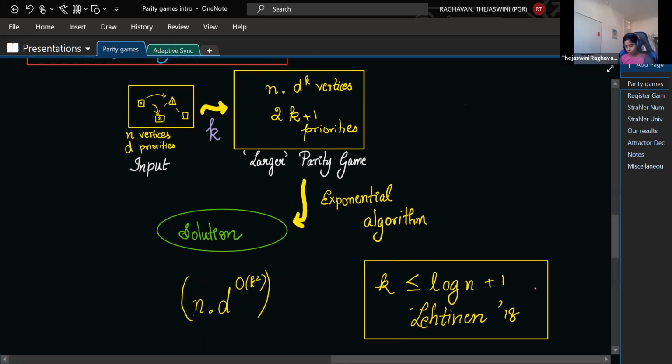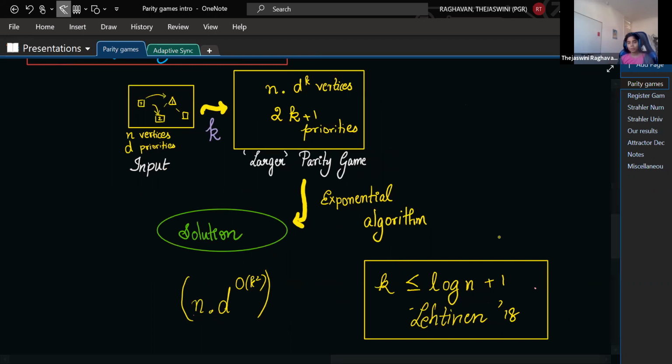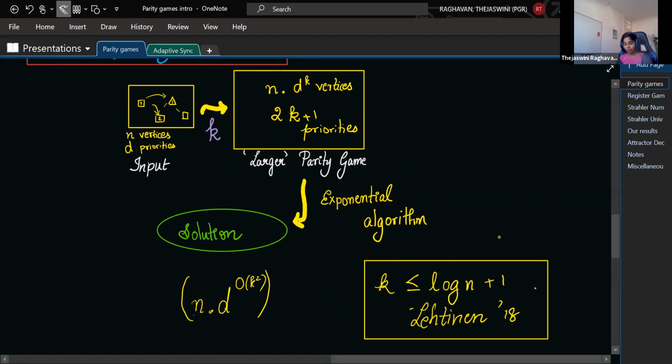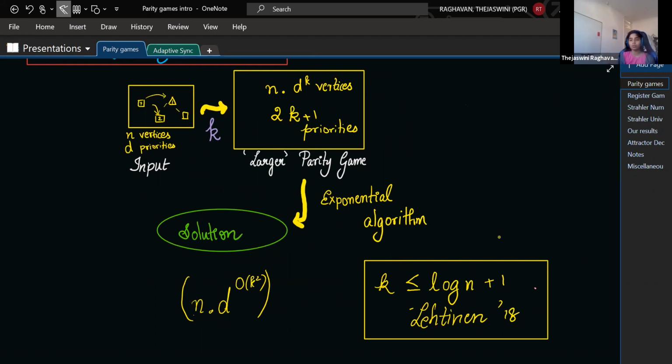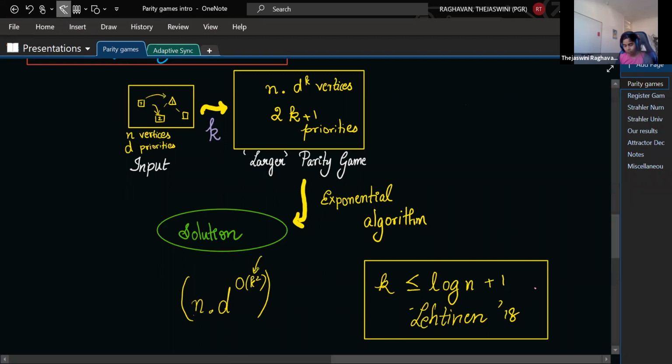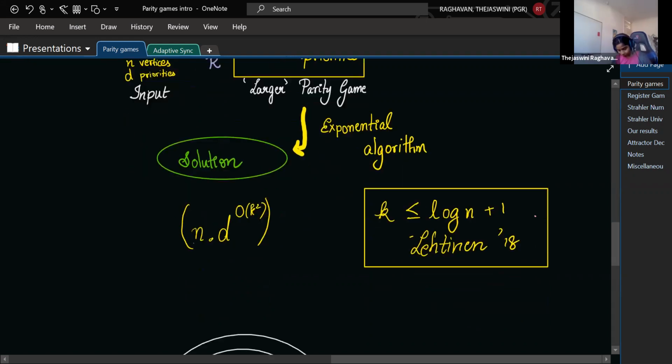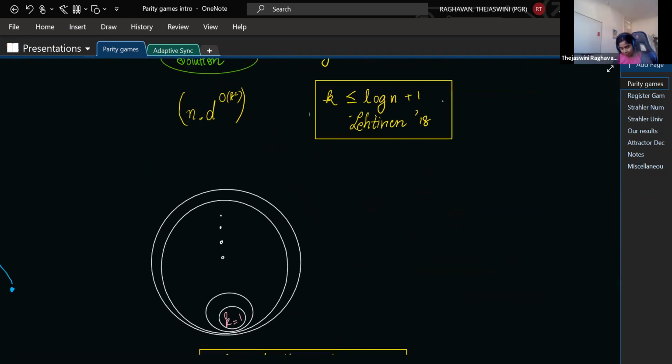And the highlight of Lehtinen's result was that she was able to show that if you input k as log n plus 1, then the solution of this large parity game is in fact equivalent to the solution of this small parity game. And that gives you a quasi-polynomial time algorithm naturally if you just substitute k equals log n in this result.